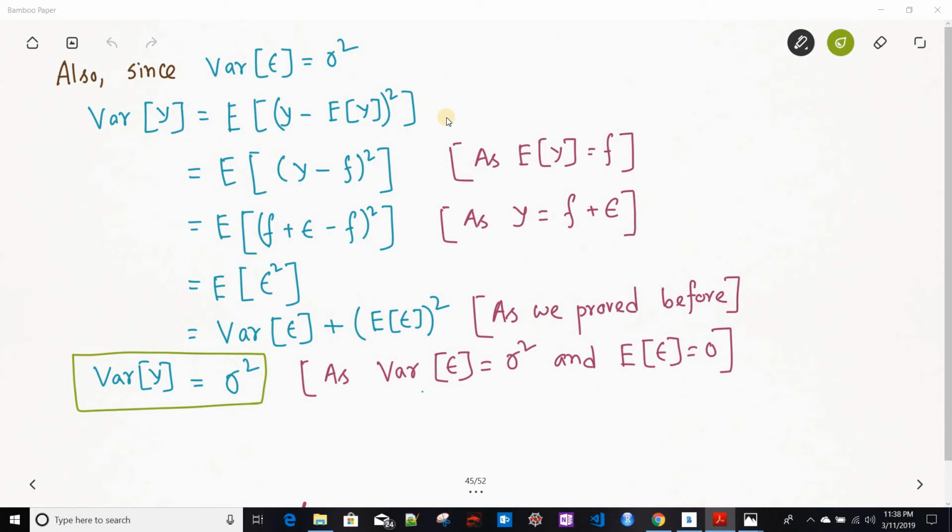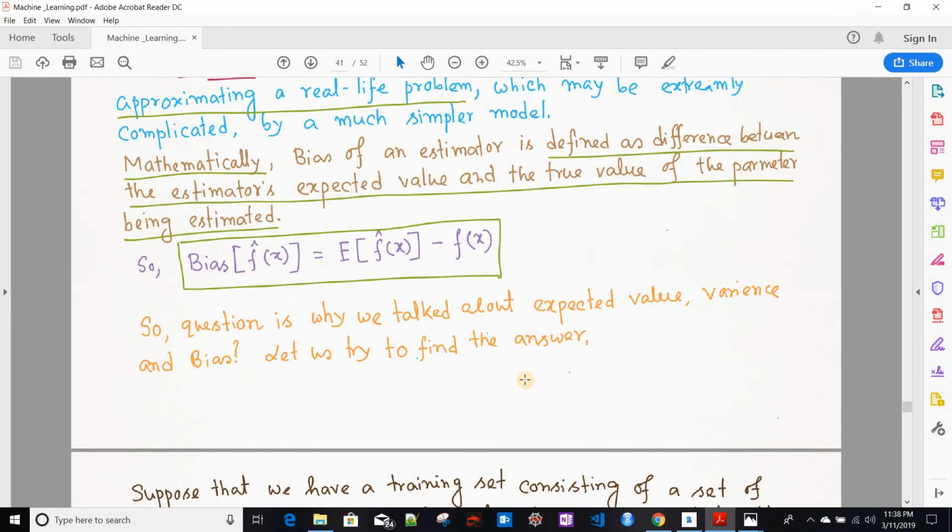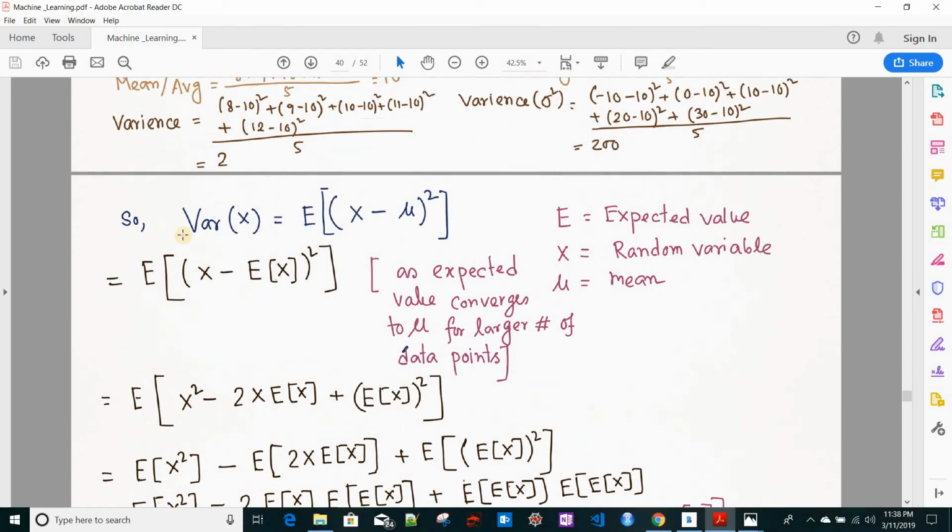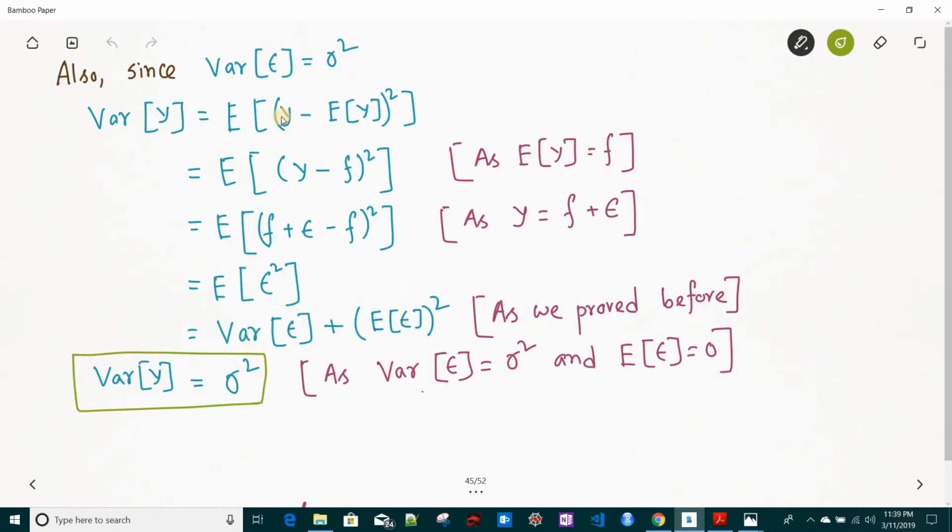Referring to the variance definition, the variance of any random variable x is the expected value of x minus the mean, whole square, which I have written over here as well.